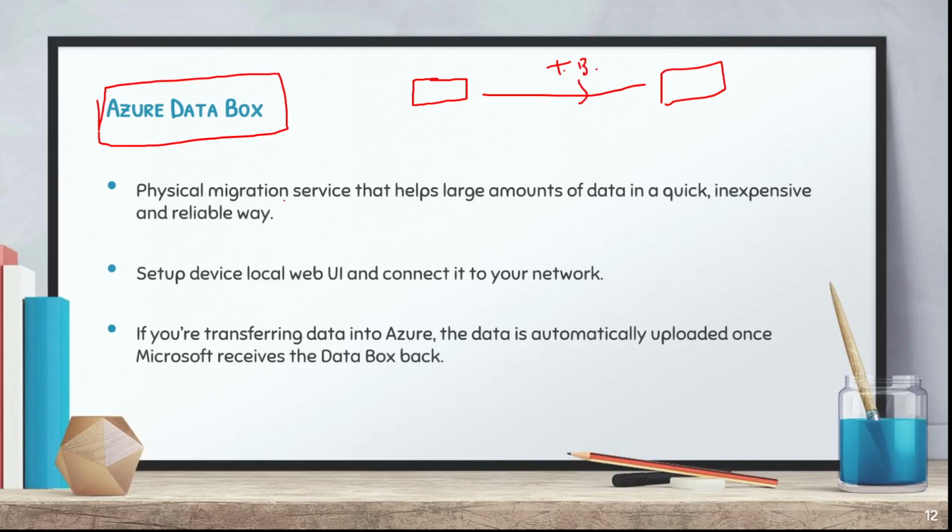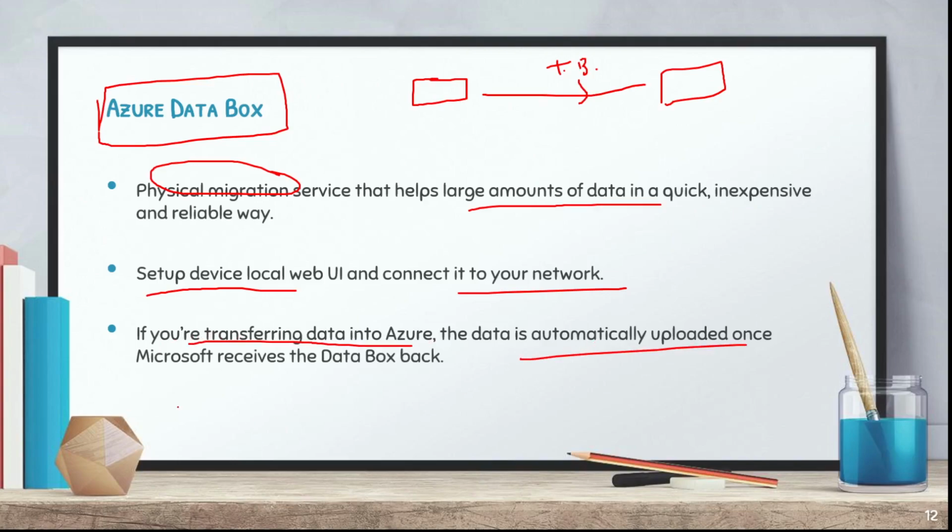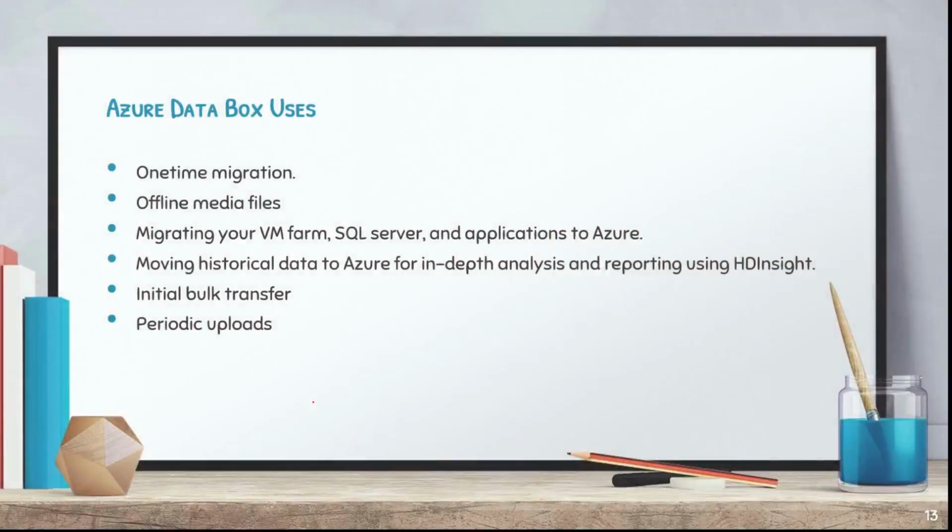This is actually a physical migration service that helps us migrate a huge amount of data reliably, and it is very inexpensive as well. We need to set up the device local web UI and connect it to our network. When you transfer the data, it is automatically uploaded to Azure once Microsoft receives the Data Box back. So this is really a physical type of service.